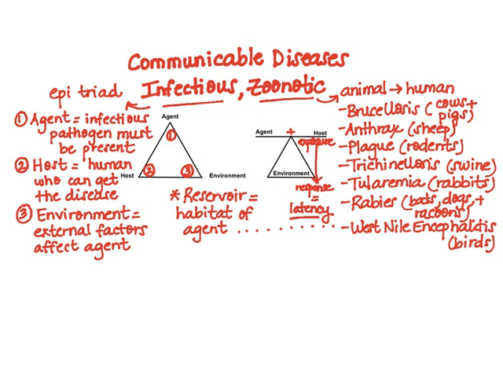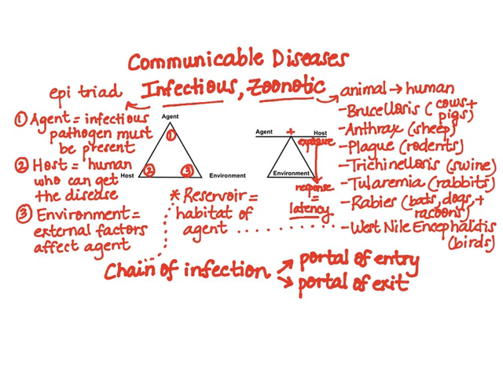So for example, in the case of the bubonic plague, the Yersinia pestis bacteria is the causative agent that is carried by the reservoir, which are usually infected rodents or rats and fleas that then bite humans who can become infected. This chain of infection must involve two pathways, one a portal of entry and two a portal of exit.